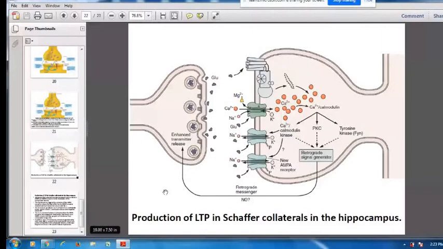Anyways, we students should understand that when second messenger activity is going on, ultimately it leads to more AMPA receptors being produced, and it gives a signal to the presynaptic neuron: hey neuron, release more glutamate.